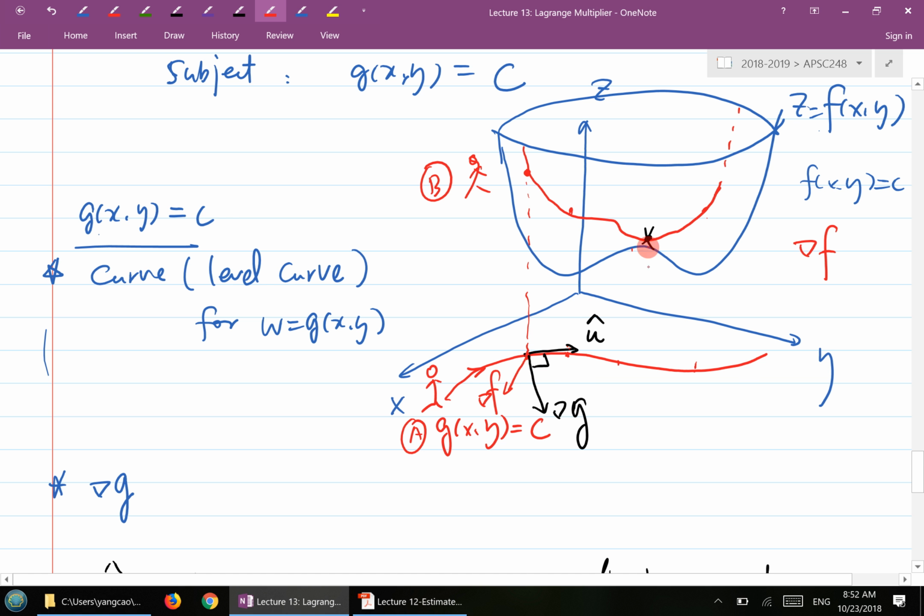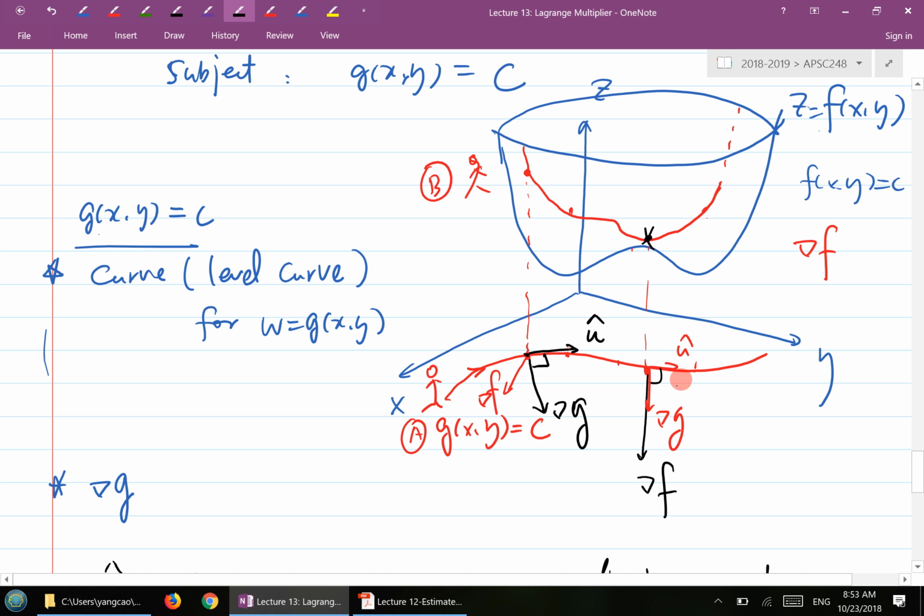But at this particular location, which is the local minimum, you have u hat, you have del G, and you also have a del F. So now the del F, guess what? It is also perpendicular to the u hat. That's the nature of the local minimum there.